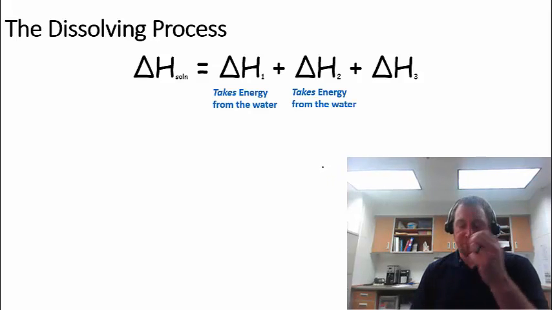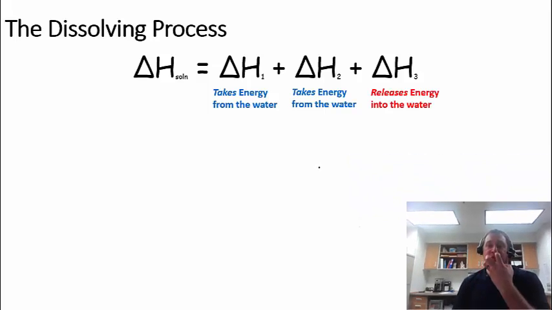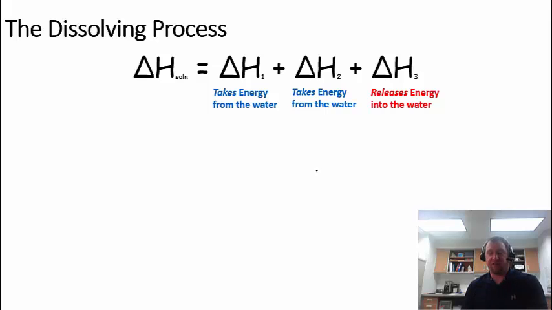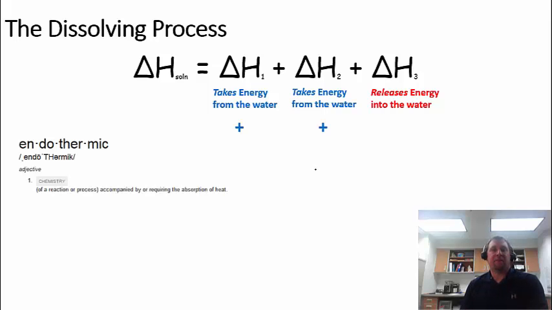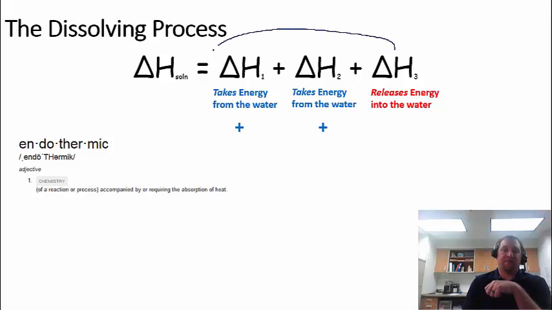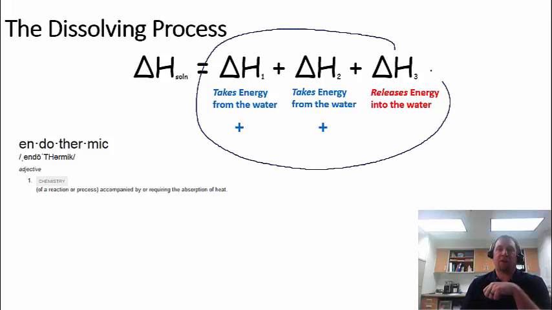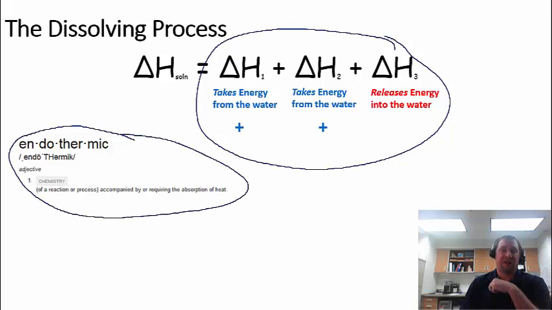So let's sum it all up on the last slide. The first two processes, breaking those bonds, takes energy. The forming of bonds releases energy. If the sum of all that takes more energy than is released by the forming of bonds, then we call that an endothermic process, and the temperature of the water goes down.